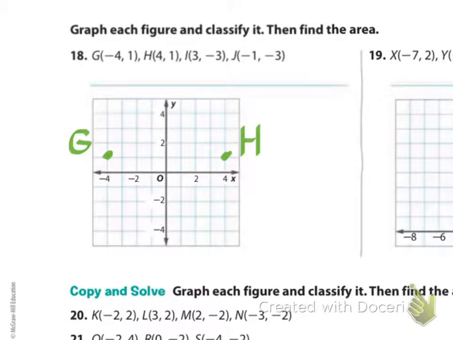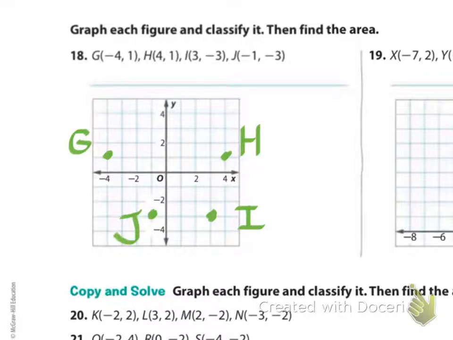So we're at 3 and negative 3, so 3 to the right and 3 down. And this is point I. Then the last one here is going to be point J. Negative 1 to the left and negative 3, we're going down. Okay, and there's the point J.